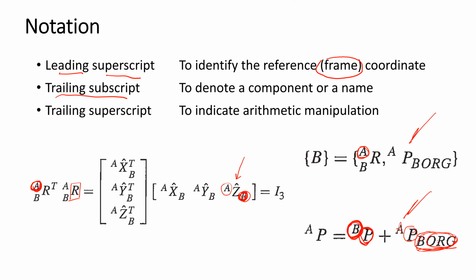And on the top right here, it is always the arithmetic manipulation. It can be the matrix transpose T, or it can be the inverse of the matrix, something like that.